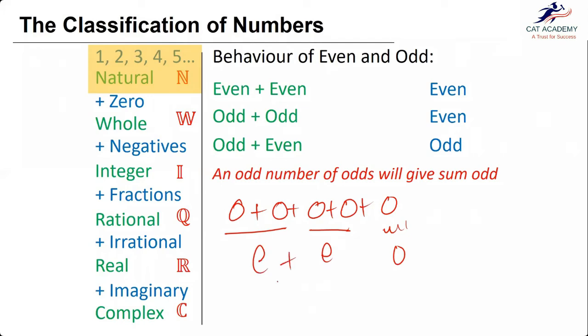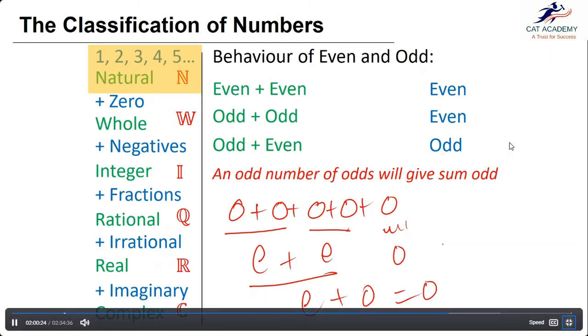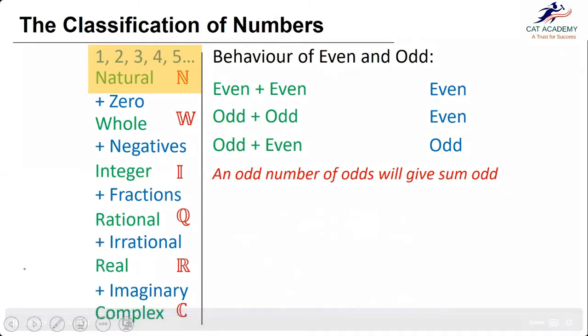So even plus even becomes even, and even plus odd will become odd. Right? So remember this always, that odd number of odds will add up to odd. And even number of odds will add up to even then.